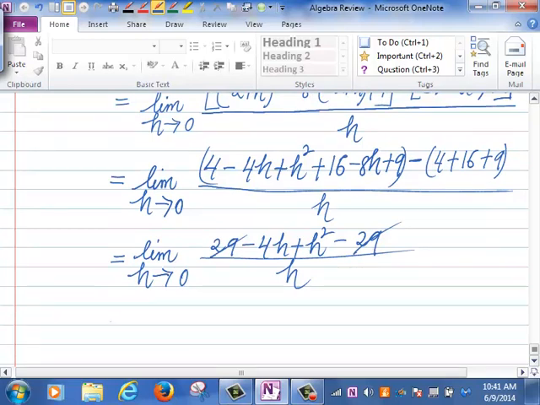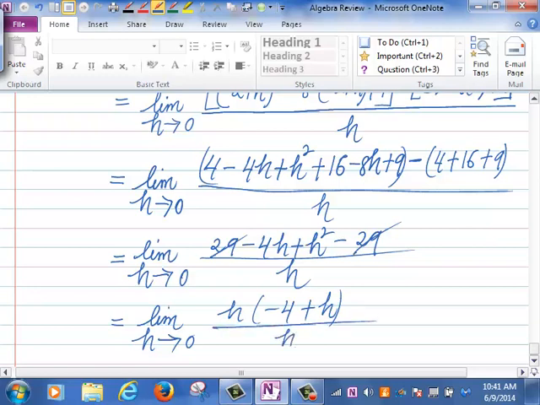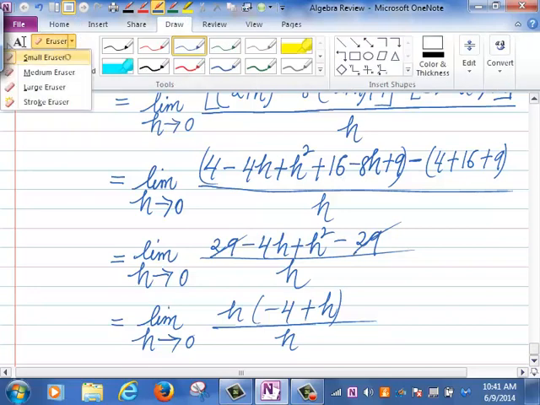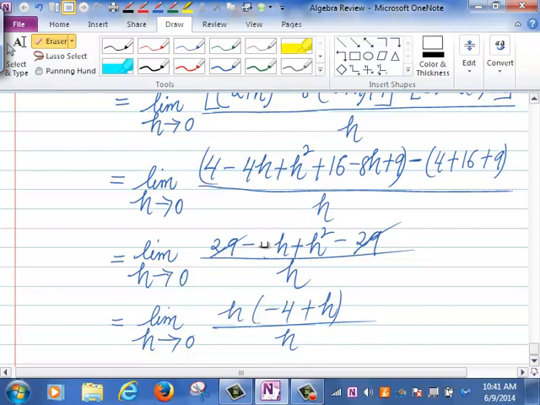Now I get the limit as h goes to 0 of h times negative 4 plus h. Oh yes, I forgot to add the 4h and 8h, right? So what is that?